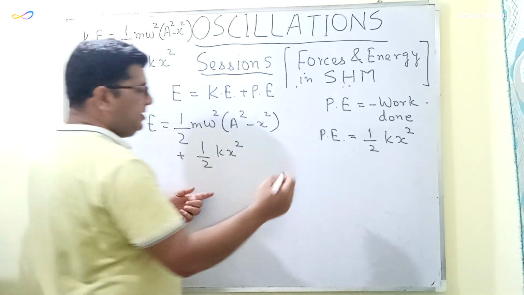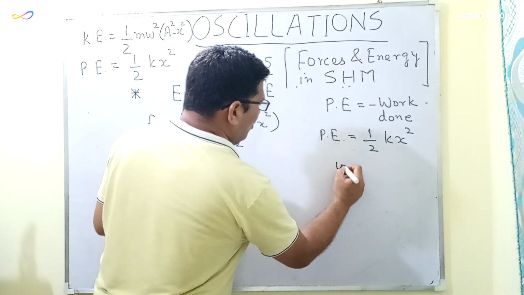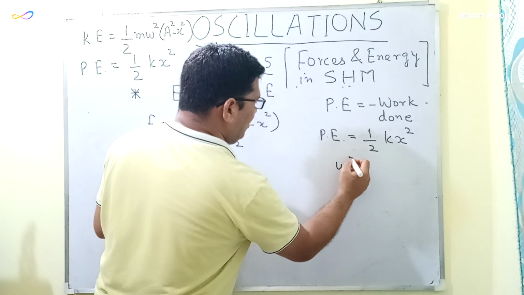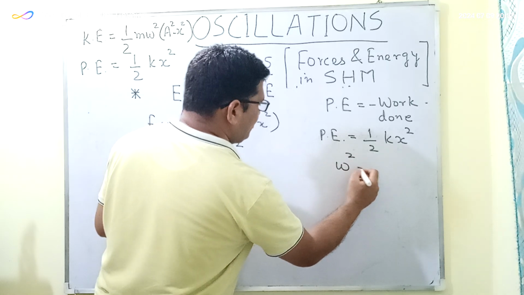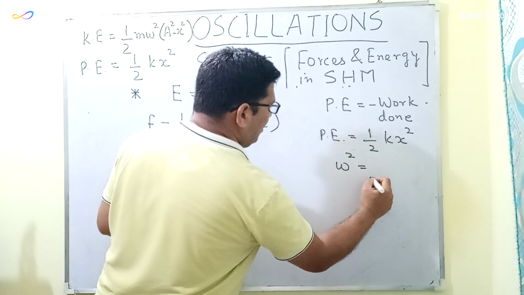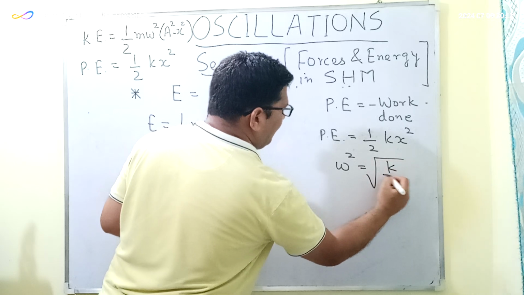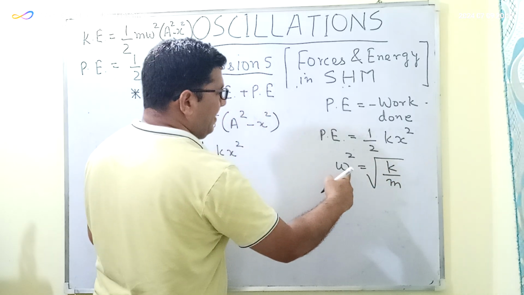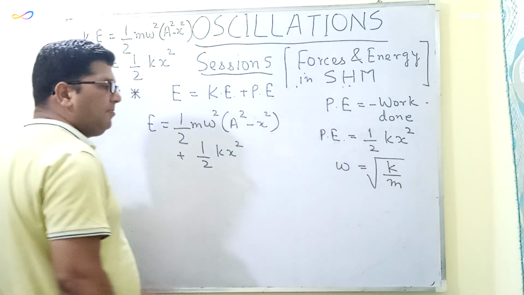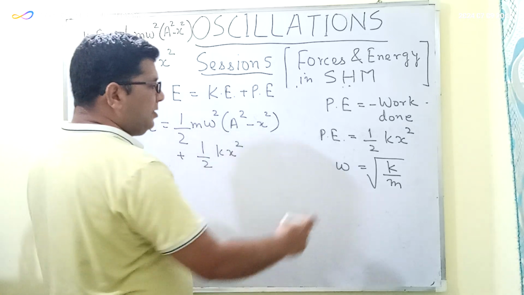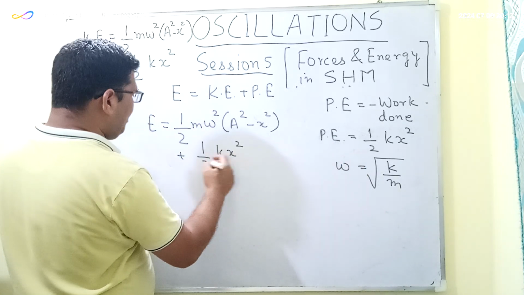Now we know that omega is equal to under root k by m. So k is equal to omega square m. So I will be putting this value here.